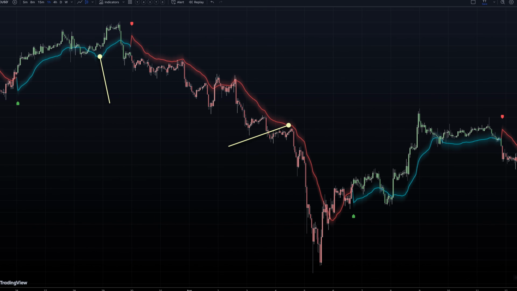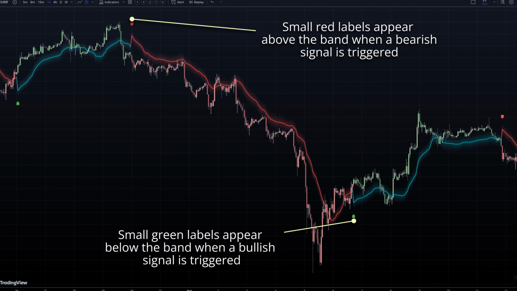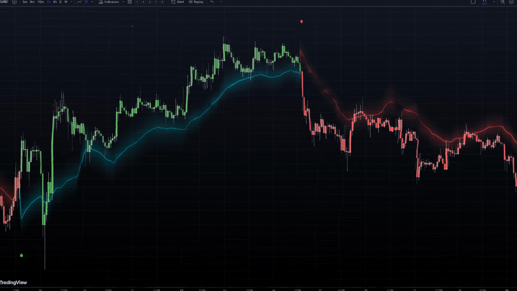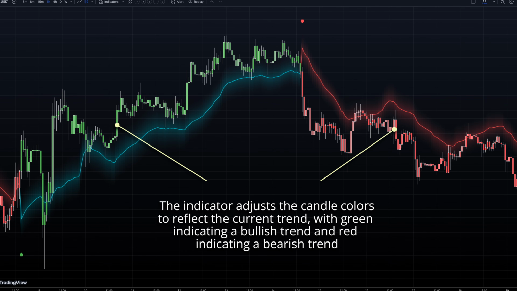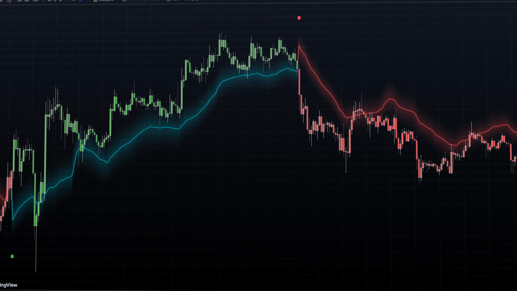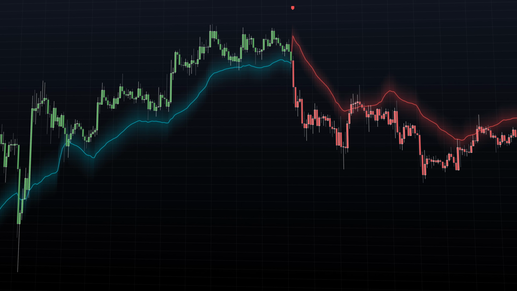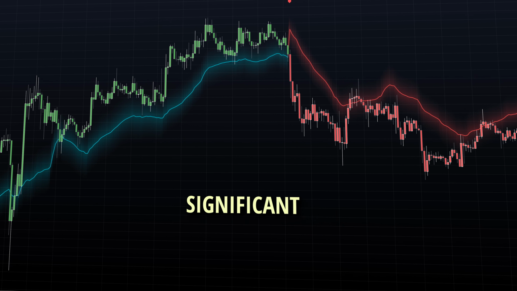The band's width automatically adjusts to market volatility using the average true range (ATR), while small markers appear at the bottom during bullish signals and at the top during bearish signals. Additionally, the indicator changes candle colors to match the current trend. With its dynamic range calculation, the RMI Trend Sniper adapts to different market conditions, filtering out noise and highlighting significant trend changes.